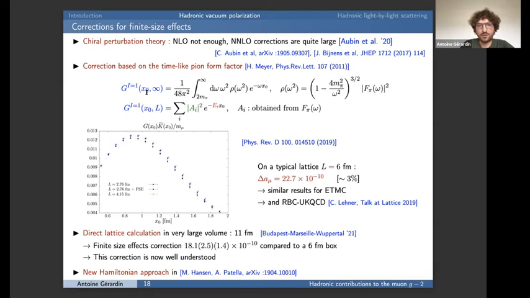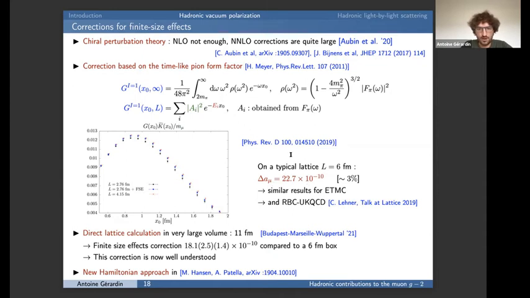And then you can estimate the finite volume effect by taking the difference between the infinite volume and the finite volume, knowing that these overlap factors here are also directly related to the form factors that can be obtained from experiments. Even if in practice, at this level of precision, we can also use a simpler model for the pion form factor, like the Gounaris-Sakurai parametrization or something like this.